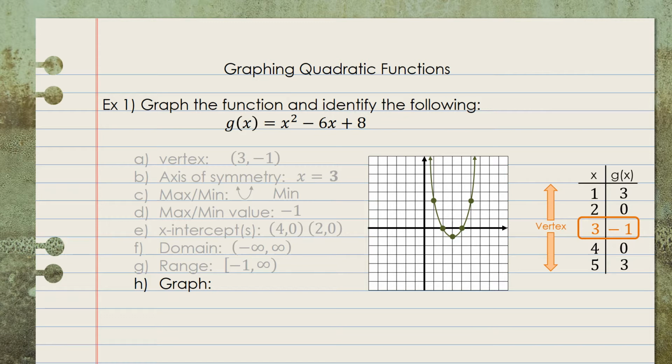The x-intercepts, does the graph cross the x-axis at 4, 0 and 2, 0? Yes. Does the domain go from -infinity to positive infinity? Yes. The range, does the lowest of the graph go from -1 up to infinity? Yes. So everything seems to be confirmed, which means we did this correct. Let's look at another example.